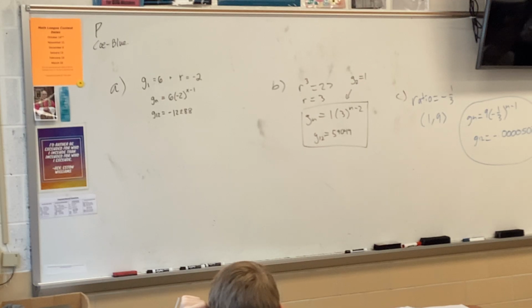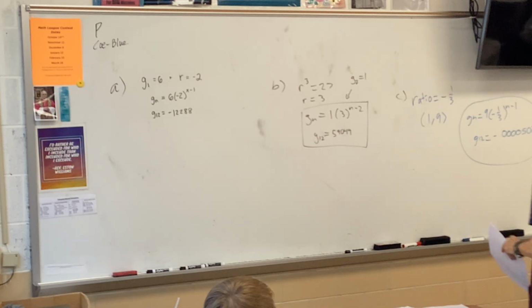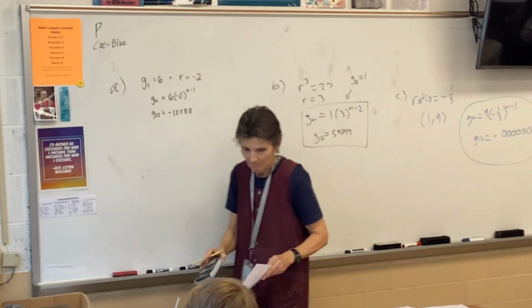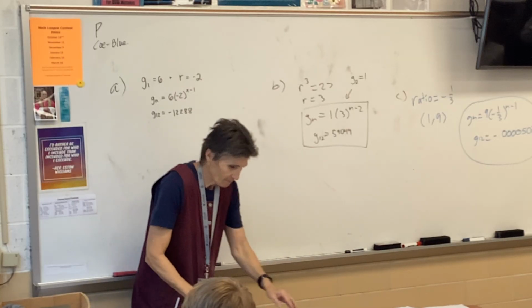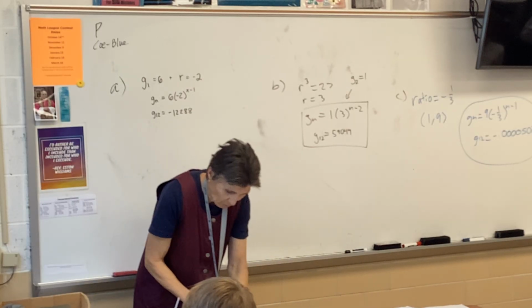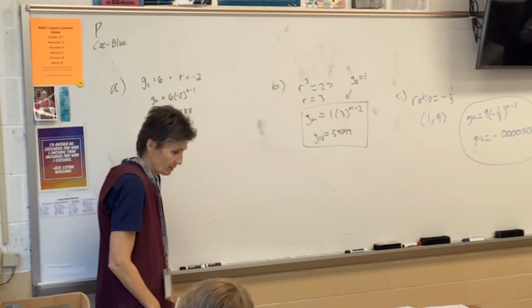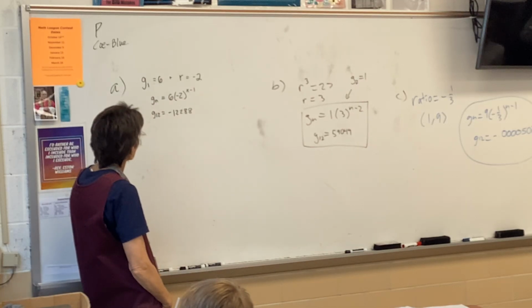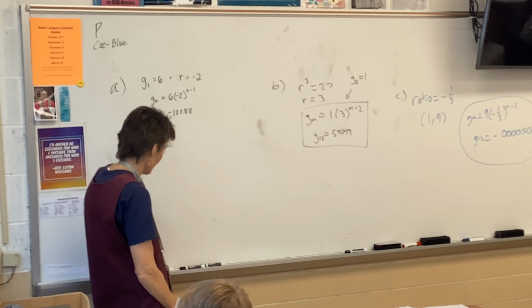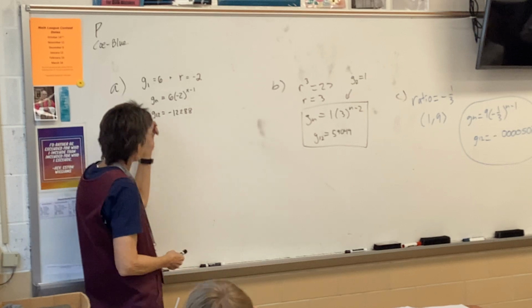See if it's the same thing. I happen to agree with all of these, so if we're wrong, we're both wrong, because I think they look good. Let's talk about this one.